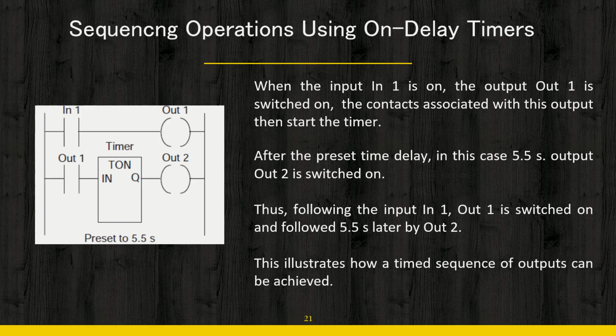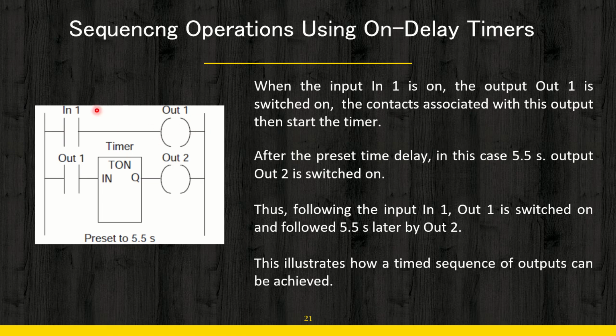Now we will see what sequencing operation is, and how it can be achieved using on delay timers. Sequencing operation, the name itself suggests that something will be working in sequence. Now you can see in this particular ladder diagram, this is one coil.